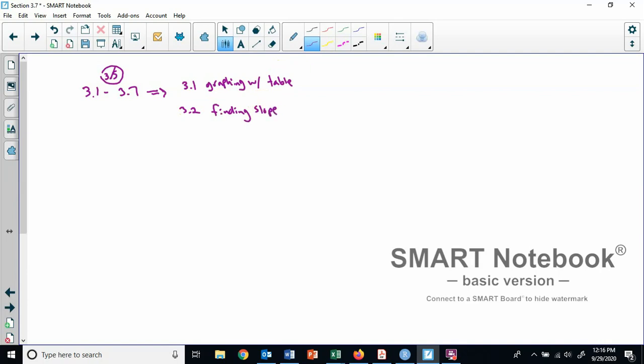If you go back and look at all the things we did in those, those are the things you need to know for the test. 3.3 was graphing with y equals mx plus b, slope-intercept form. 3.4, what was 3.4? Oh, that was writing equations.